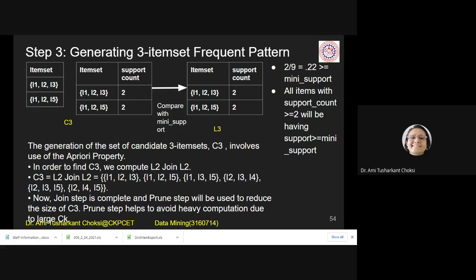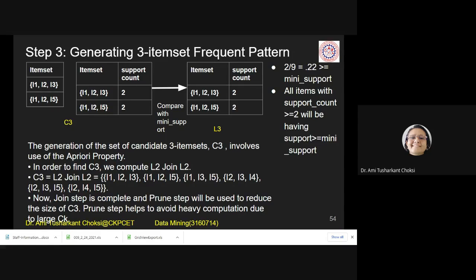But for them we should check the Apriori property. The Apriori property says that if the items we consider in L3 have all of their subsets in L2, then only the combination of those items will be considered in C3.